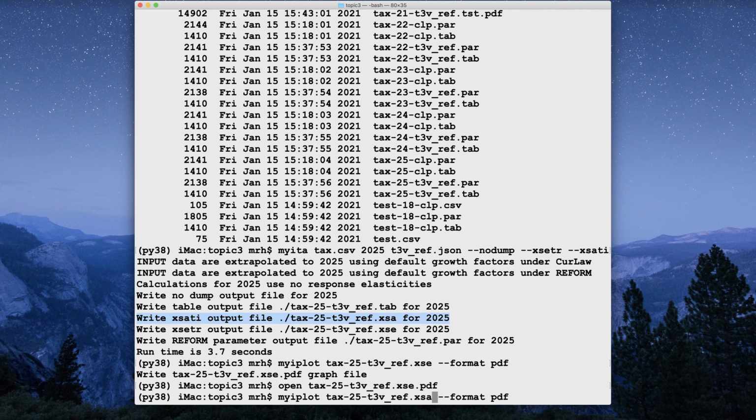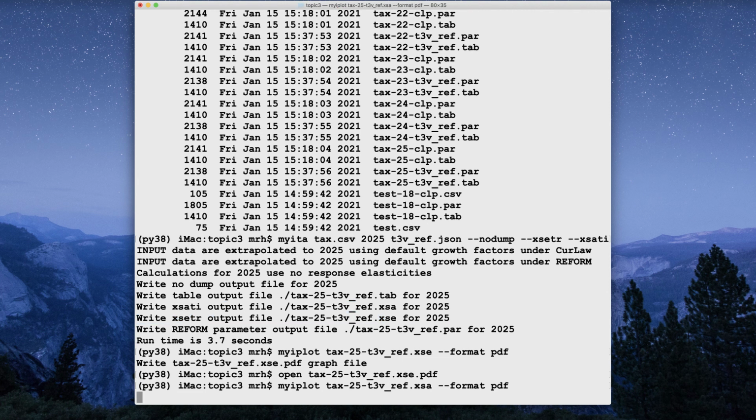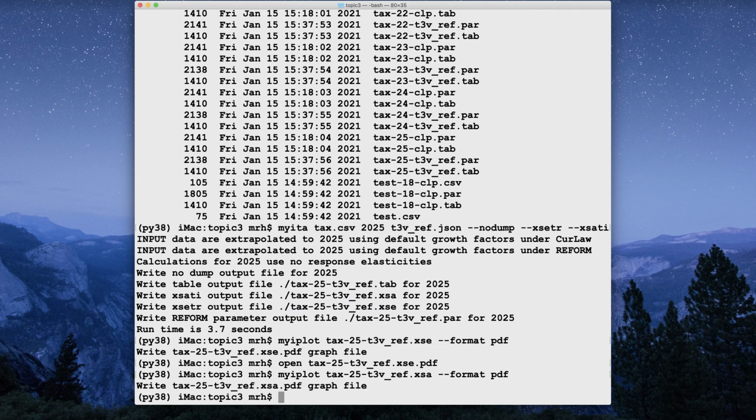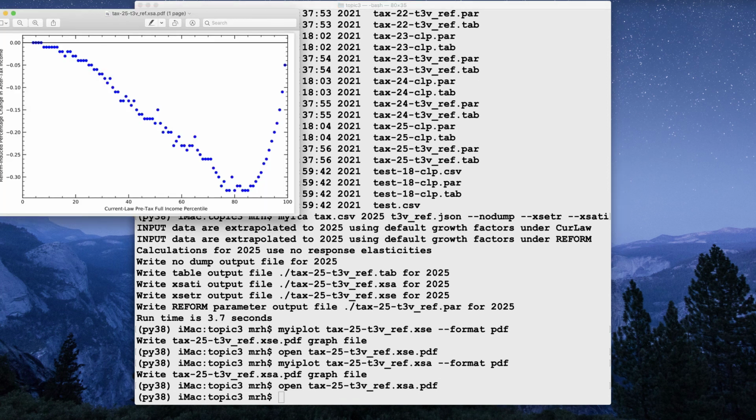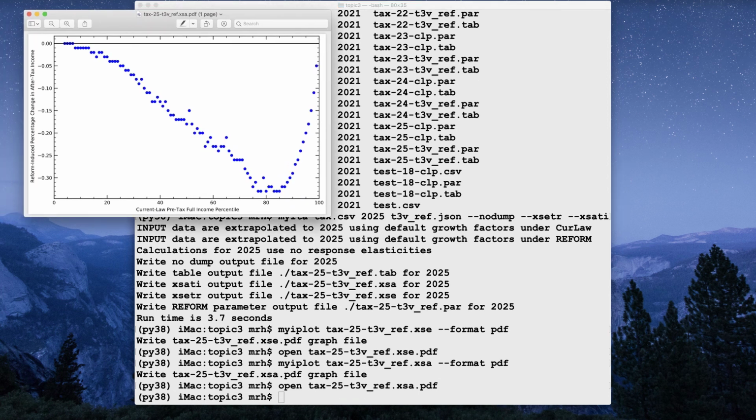In the United States, quite a few very experienced senior tax analysts take the position that this is the single best measure of how a reform affects different groups of people. So let's see what we've got here. This is highly touted. So I've created a PDF file and we're going to look at it here. Let me make it a little bigger.